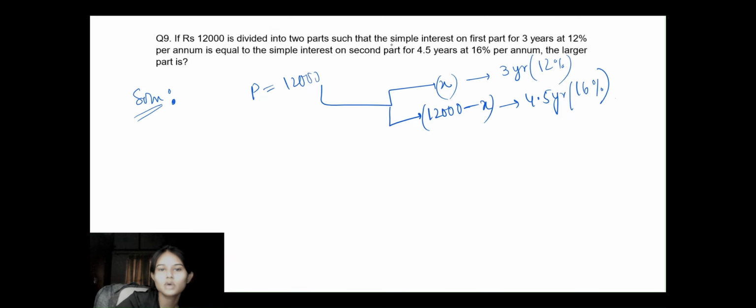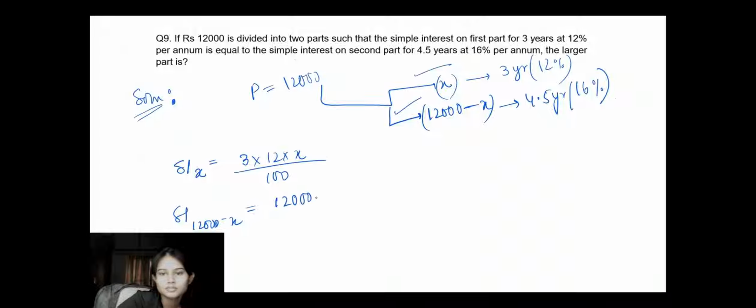Now what is given to us? SI on the first part for 3 years at 12% is equal to the SI on the second part. So SI generated from this is equal. So this is something important. We can use this to equate, right? That is 3 into 12 into x by 100. And SI for the second part is 12,000 minus x into 4.5 into 16 divided by 100.